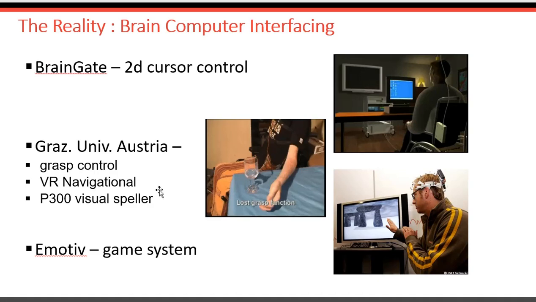This is a game. Or other applications such as grasping the bottle. We will see that BCIs or BMIs can also be used in virtual reality applications or for spelling. So for people who are unable to communicate, we can try to develop technology using BCIs.